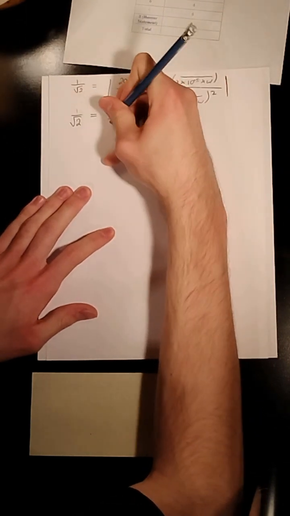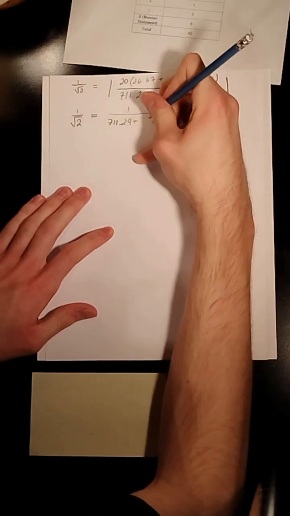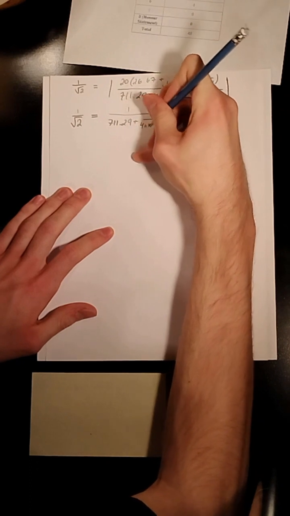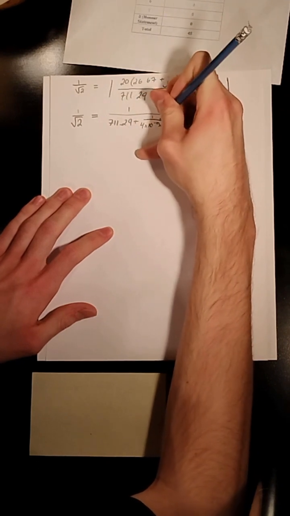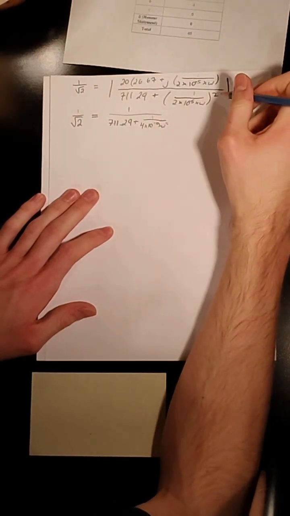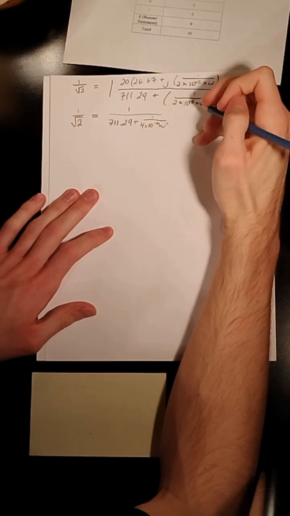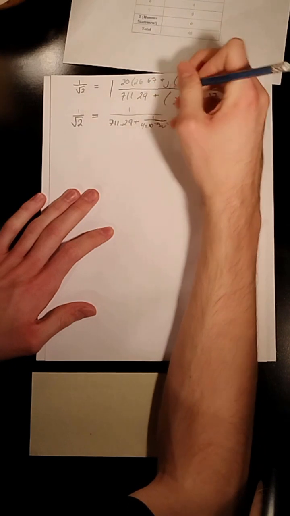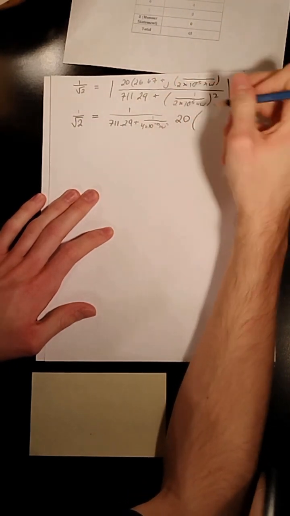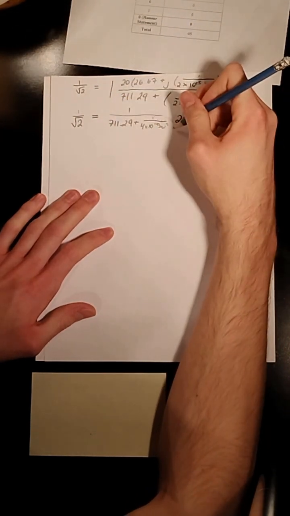1 over 711.29 plus 1 over 4 times 10 to the negative 10 times w squared, multiplied by the magnitude of this, which is just going to be equal to the 20 times the square of the real plus the square of the imaginary, which was just this bit, right?